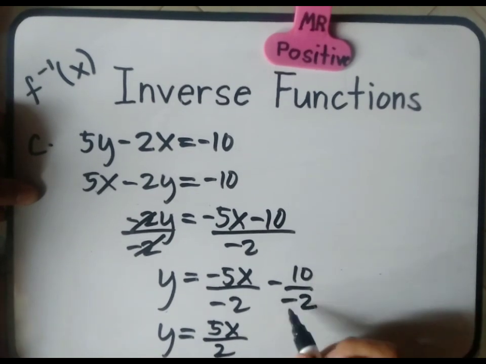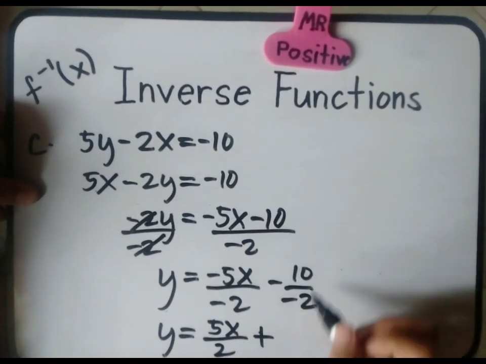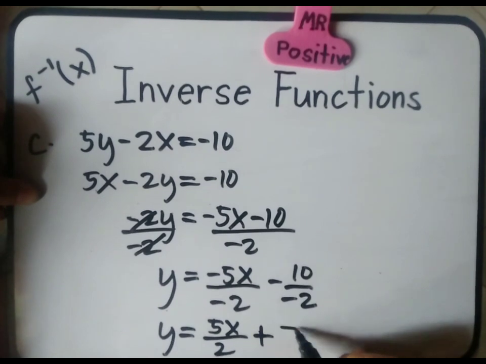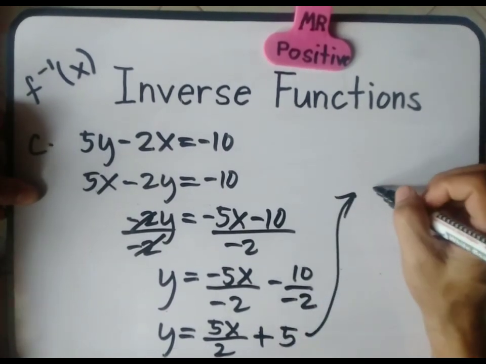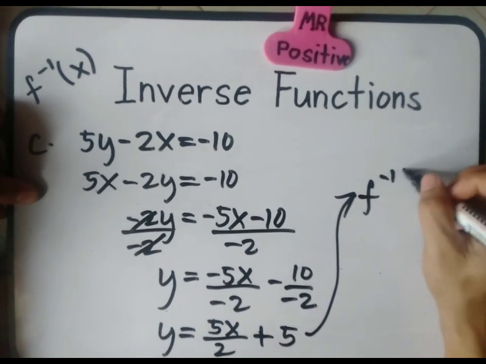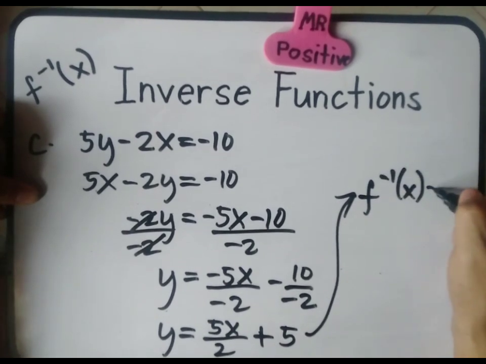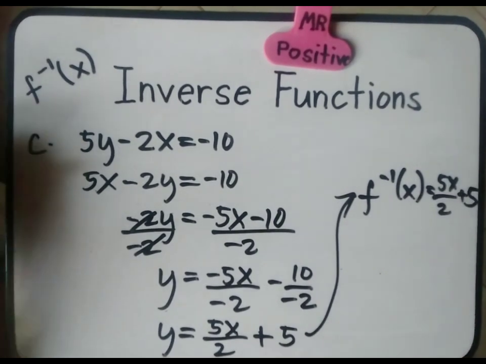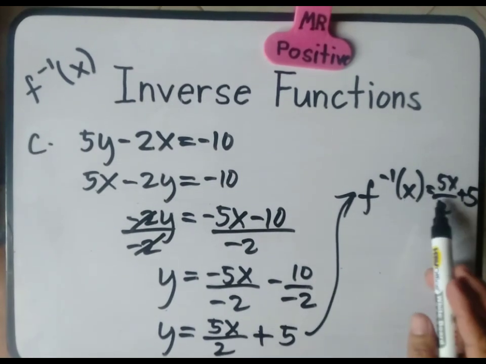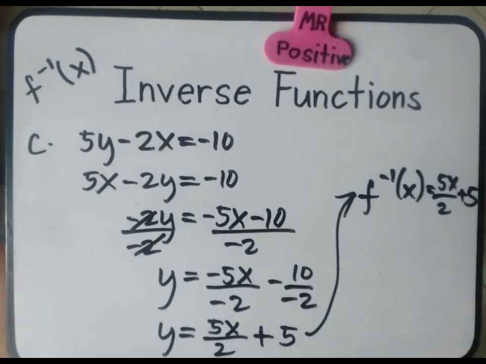Then negative divided by negative is positive, 10 divided by 2 is 5. And lastly, y will become f raised to negative 1 of x equals 5x over 2 plus 5. So the inverse function is 5x over 2 plus 5.